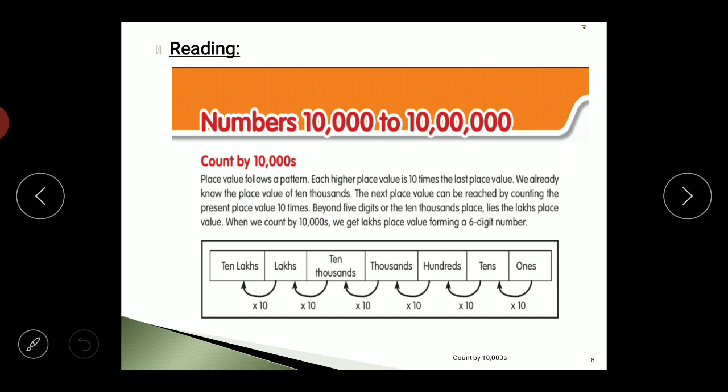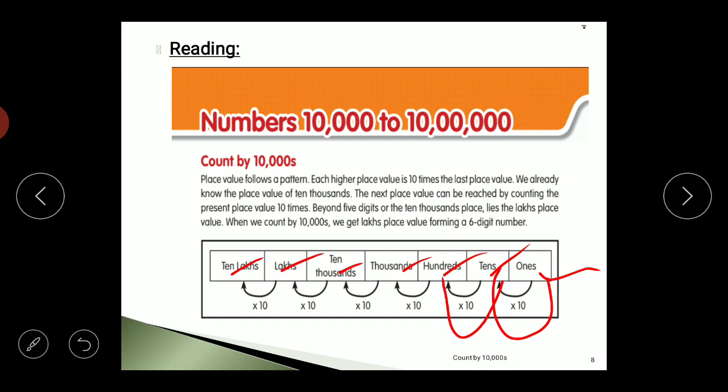In the place value chart shown there, it starts from ones, tens, hundred, thousand, 10,000, lakh, 10 lakhs. Each higher place is 10 times the last place.